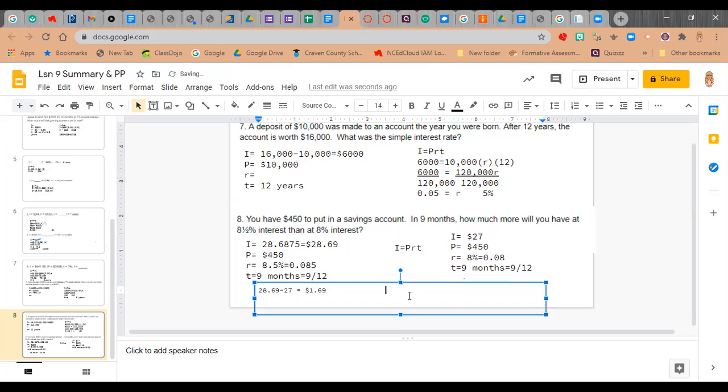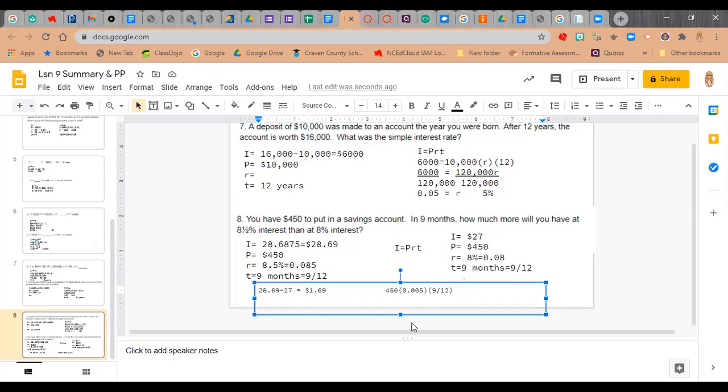I'll write it out right here. 450 times 0.5%, that's 0.5% times the 9/12. What do you get? 16.88. I'm in the wrong place. You get 1.6875. Isn't that $1.69?